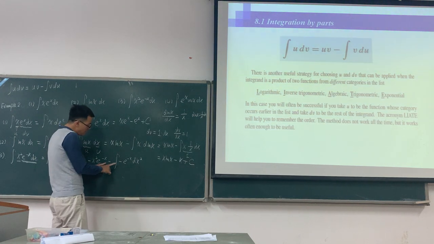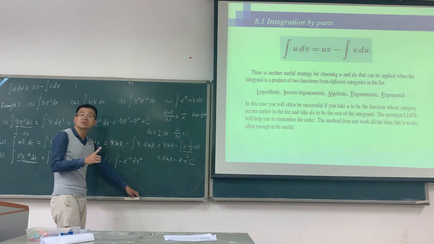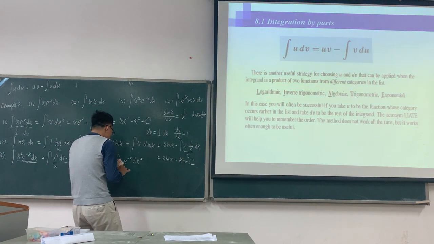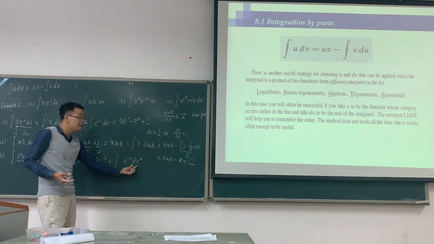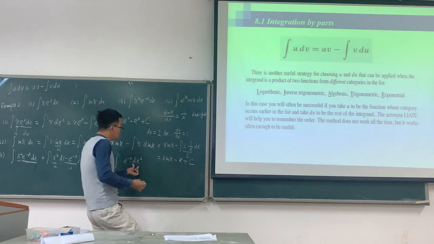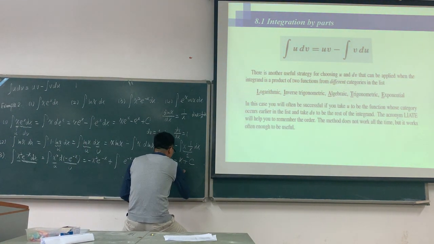Here we have minus minus, so this part is plus. Now d of x squared equals what? 2x dx.